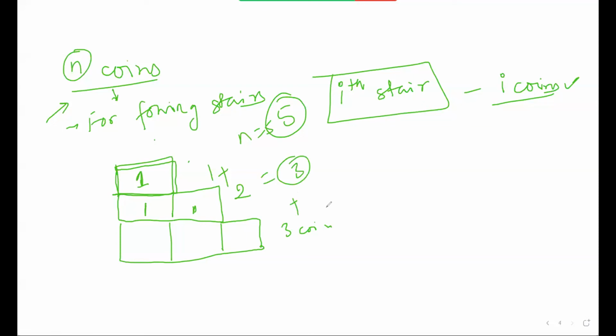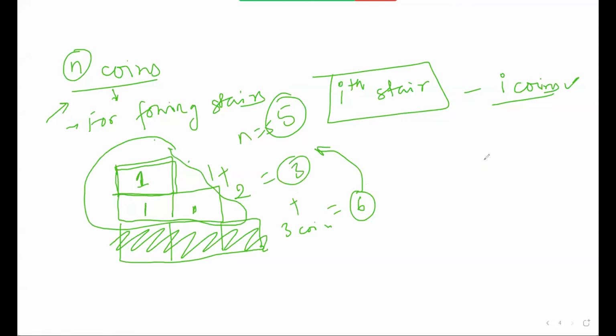For this you need three more, which is six. But what is happening now? Six is greater than five, so we don't have that many coins and we will not be able to build this stair. So the answer for this is two. For n equal to five, you can make two stairs only.